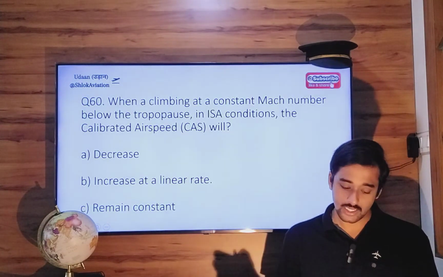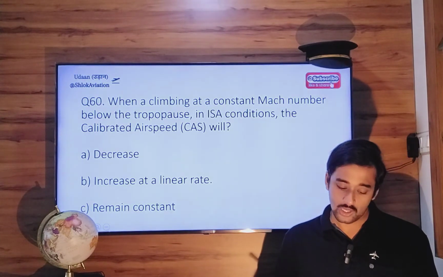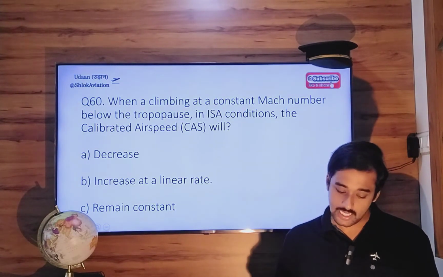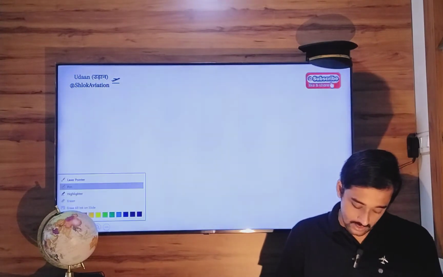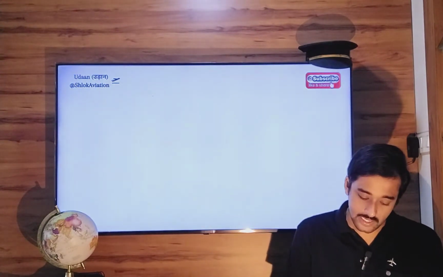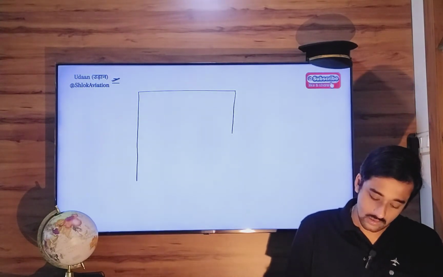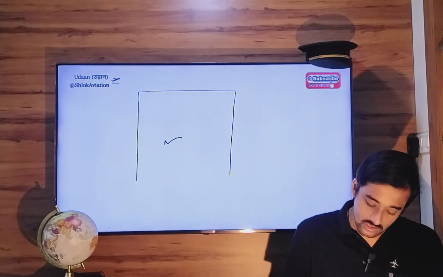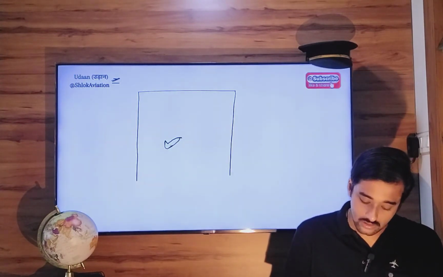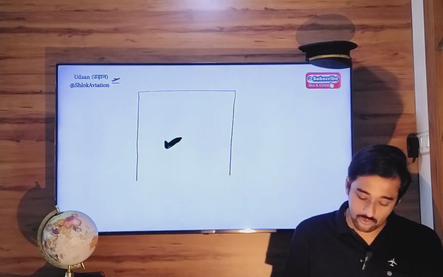Last question, question 60. When climbing at constant Mach number below the tropopause in ISA conditions, what will happen to calibrated airspeed? So let's say this is the air mass in which you are flying.